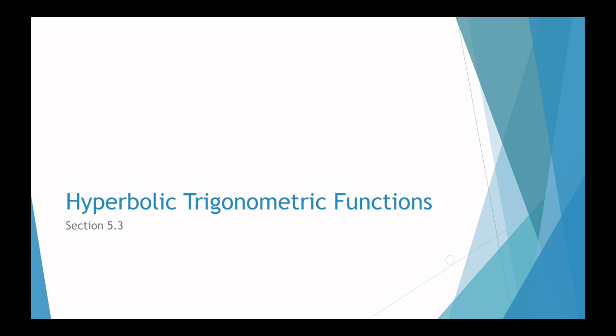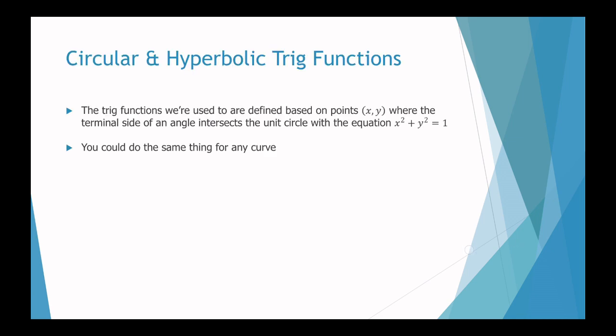All right, let's talk about some trig functions with hyperbolic geometry. So we have our trig functions. I'm hoping you guys are pretty comfortable with those, and we'll kind of talk about where they're related. The trig functions were used to find points where x and y terminal sides of an angle intersect a unit circle.